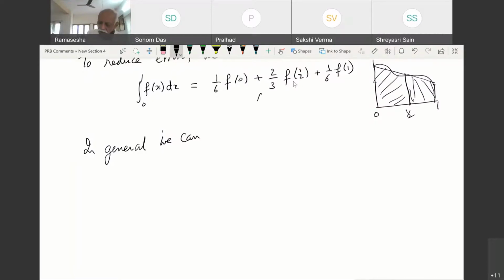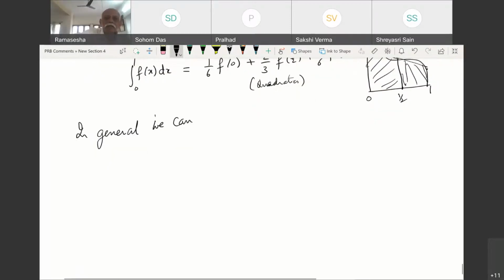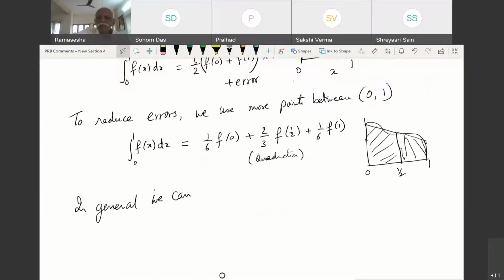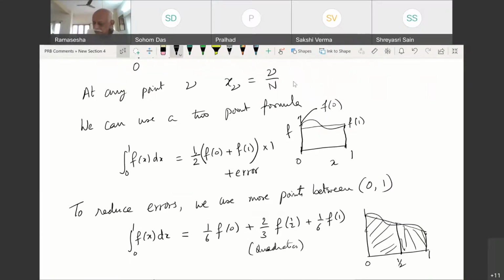If I have a 2-point formula, what you have done is, in this case, you formed a trapezoid. So this is the trapezoid.